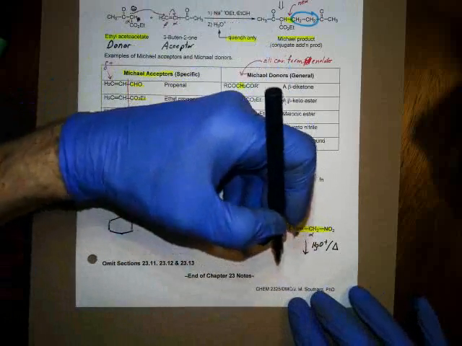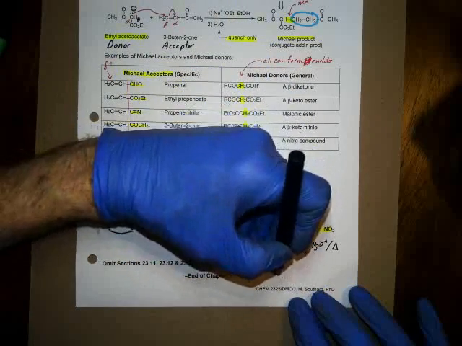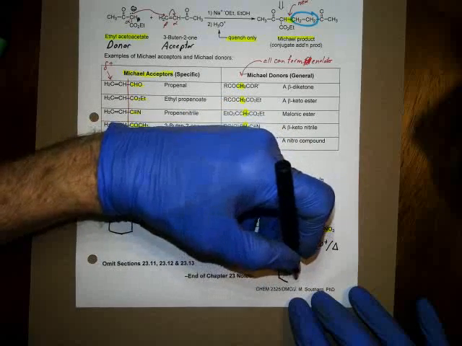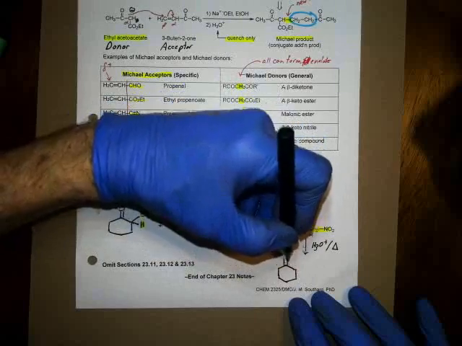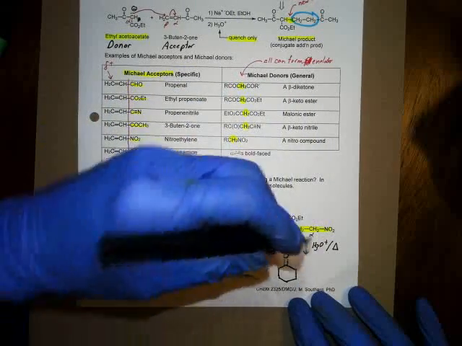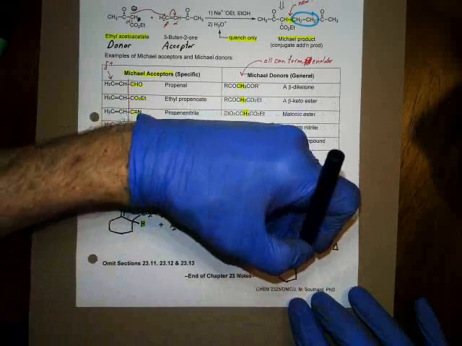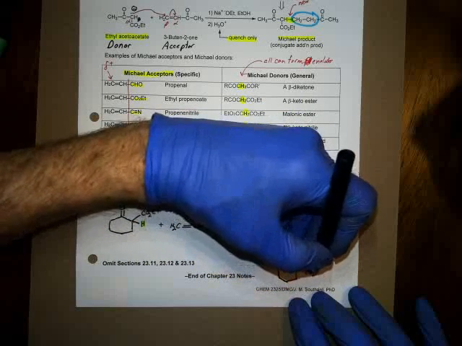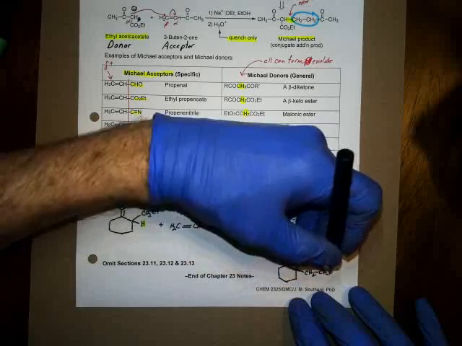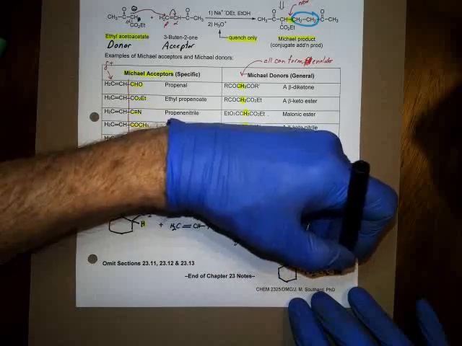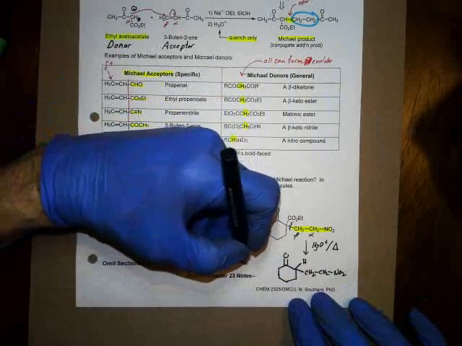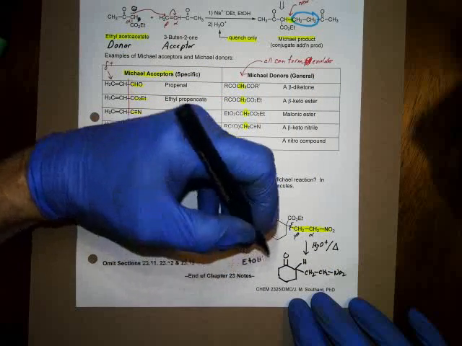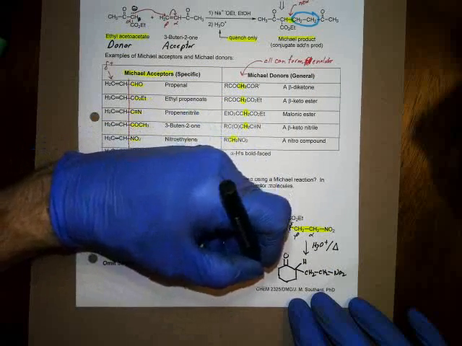So if we went one step further, this is what the product would look like. Decarboxylate there, and that becomes the hydrogen. That would be your product. And of course, you produce ethyl alcohol and you produce CO2.